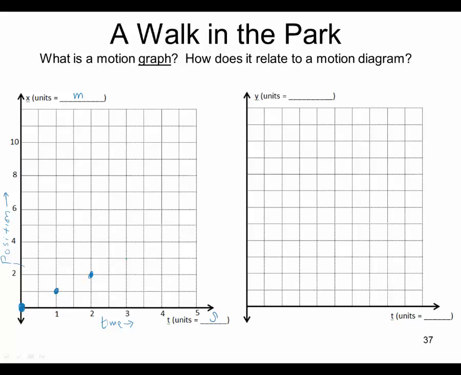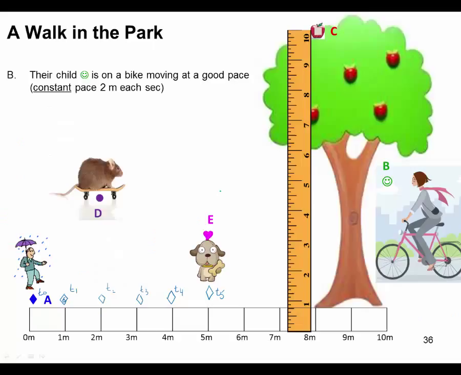Another second later he moved another meter. He was at 3 meters. At the 4th second he moved 1 more meter. And at the 5th second he moved 1 more meter. And you'll notice that these data points are linear.